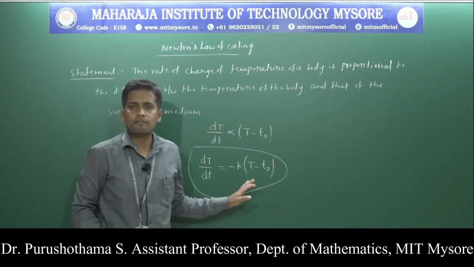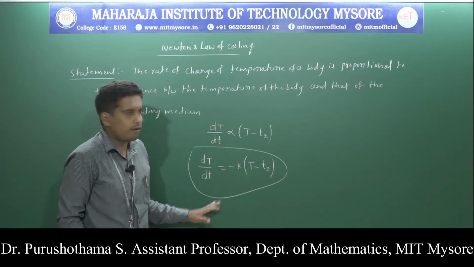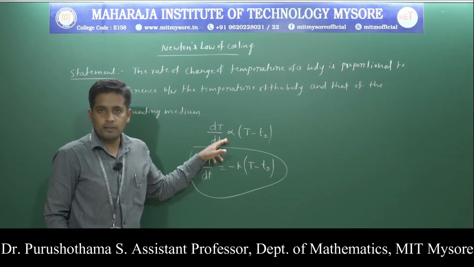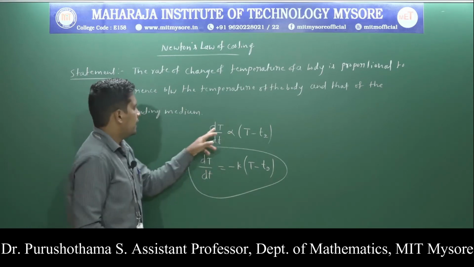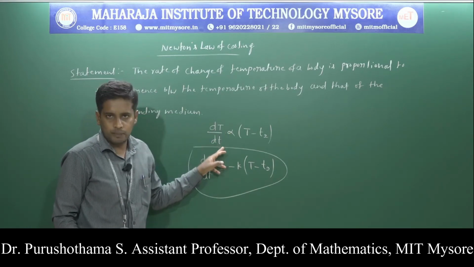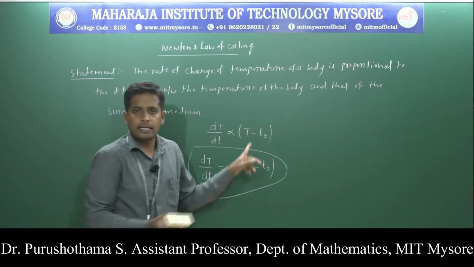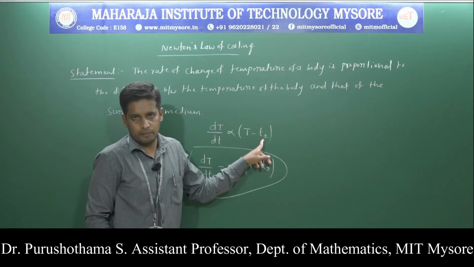This is the differential equation expression for Newton's law of cooling. Here, this is a symbolic representation of the statement: the rate of change of temperature with respect to time is proportional to the difference between the temperature of the body and the surrounding medium.